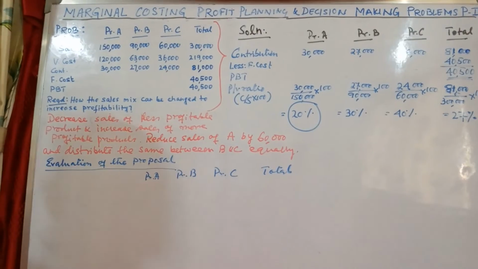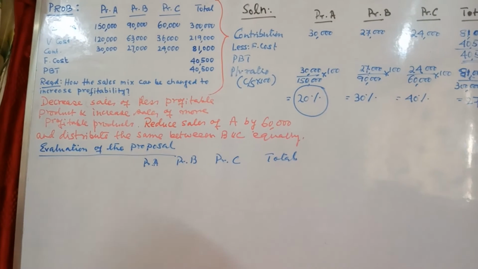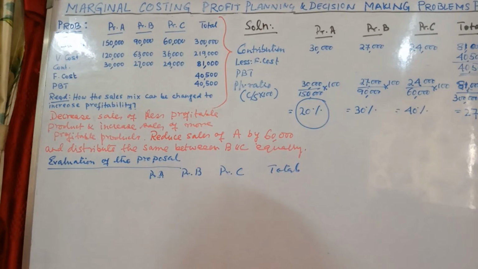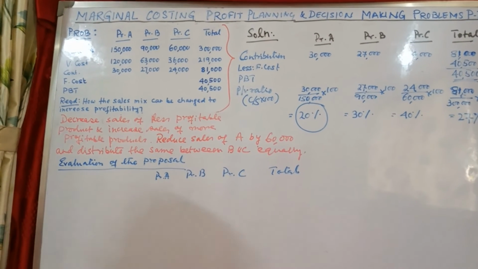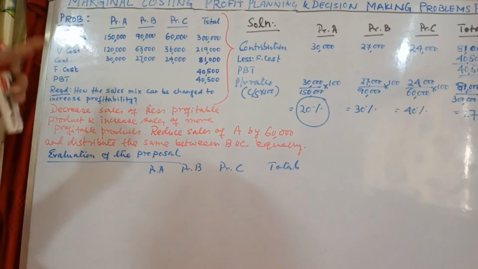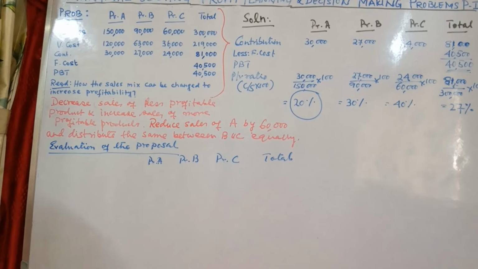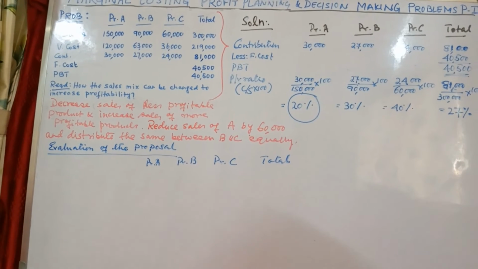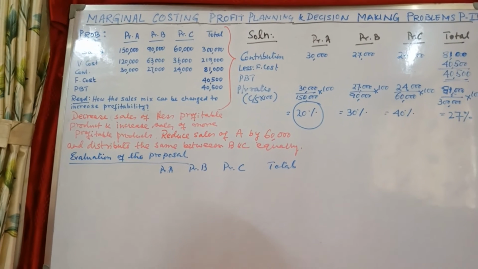Please notice that the firm is not altogether withdrawing the product line A. Why? Because product line A has a certain demand in the market, and due to competition, sales of product A is falling.